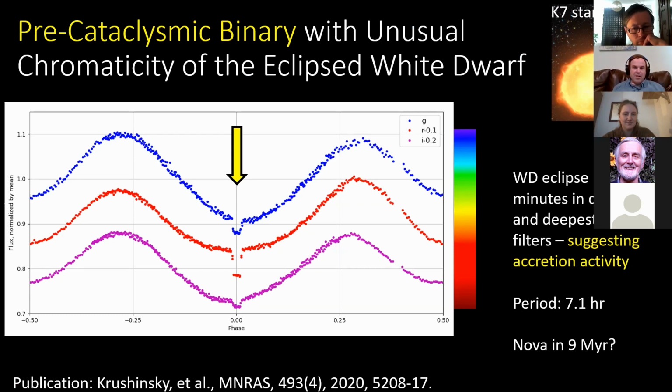And in the fall, it's a pretty northern latitude type of target, so you can get a complete orbit of the white dwarf around the K star. It transits, and the transits are only 10 minutes long. They're very quick, and it has very sharp ingress and egress. And so it's interesting, and I'll show you why.